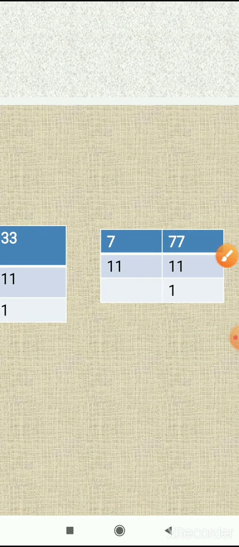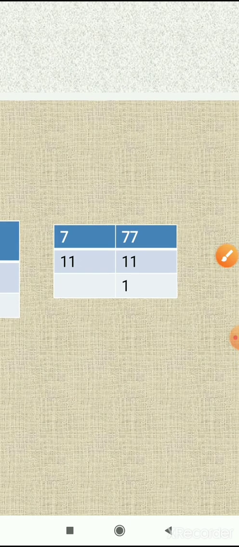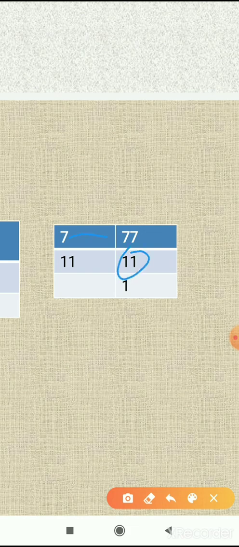Next number is 77. Okay, 77 is divisible by 7. So by dividing 77 by 7, we get quotient 11. 11 is a prime number, so it is divisible by itself. 11 divided by 11, we get quotient 1. So here we get prime factorization of 77, 7 into 11.